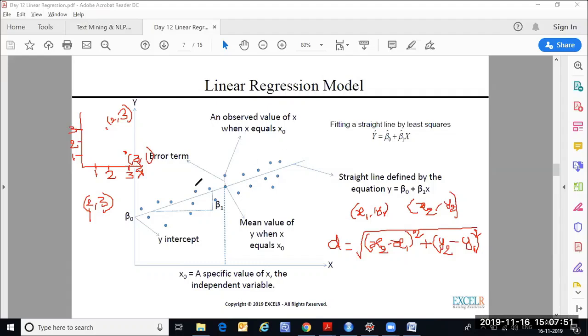So if I apply the distance formula on these two data points, 2, 3 and 3, 1, this is x1, y1, and this is x2, y2.